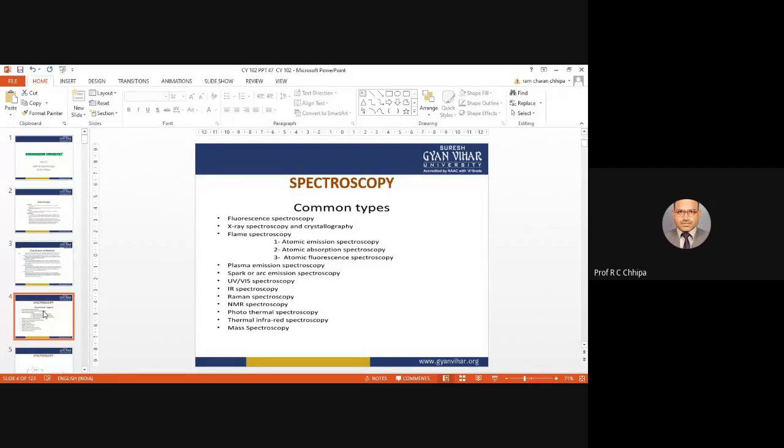With the help of X-ray spectroscopy, we have already discussed the fluorescence spectroscopy. Fluorescence, luminous, means that radiation comes out after radiation is absorbed.